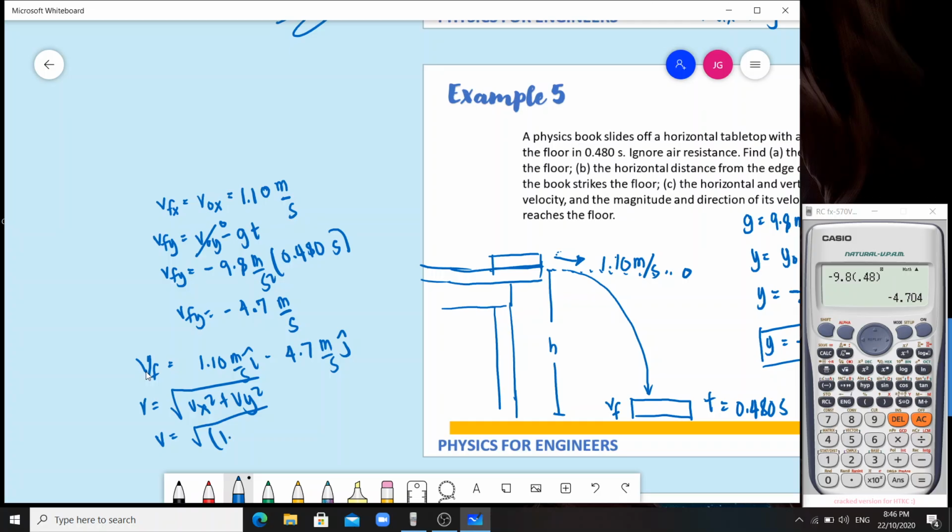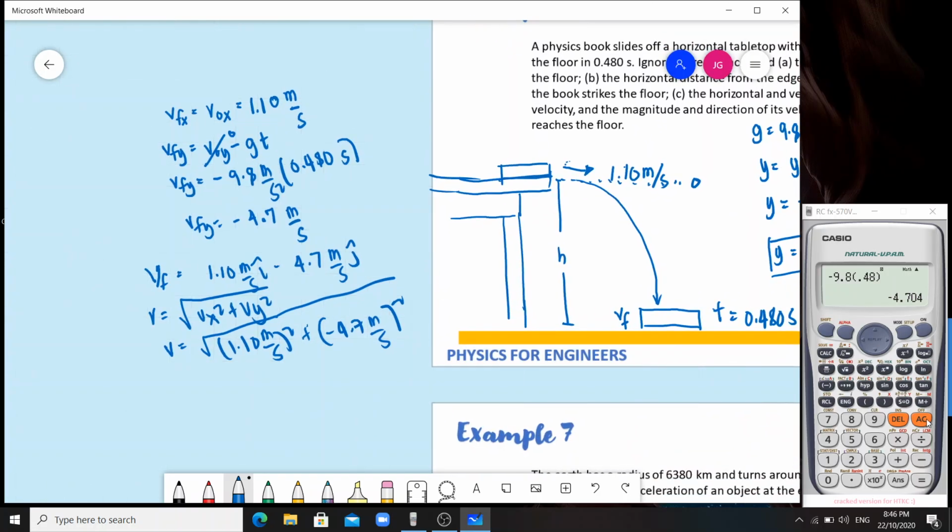that is 1.10 meter per second squared plus negative 4.7 meter per second squared. Okay. That would be equivalent to 1.10 squared plus negative 4.7 squared.